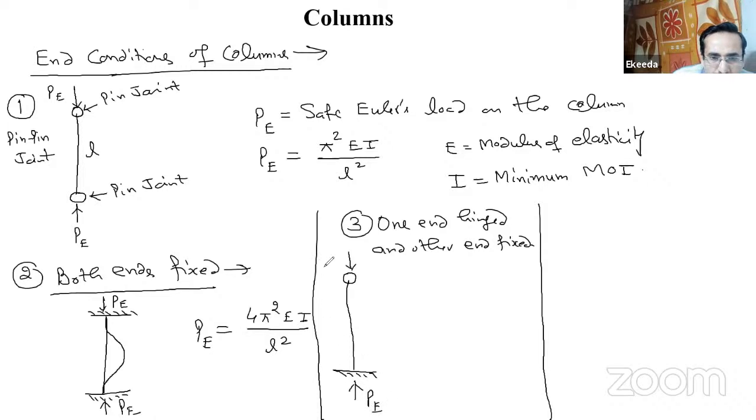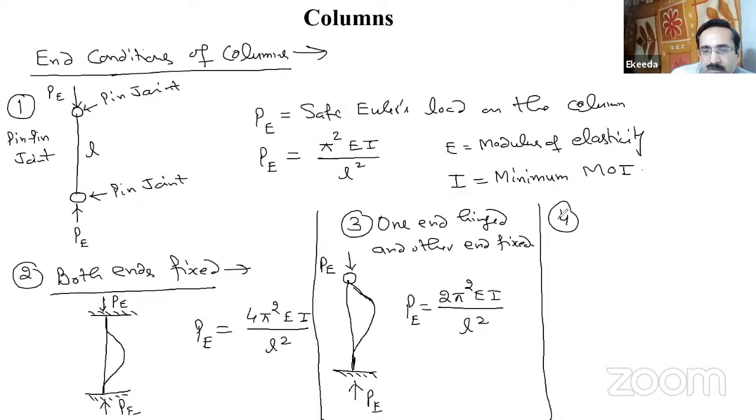Buckling takes place like this, and the safe Euler's load is given by 2 pi square EI upon L square.